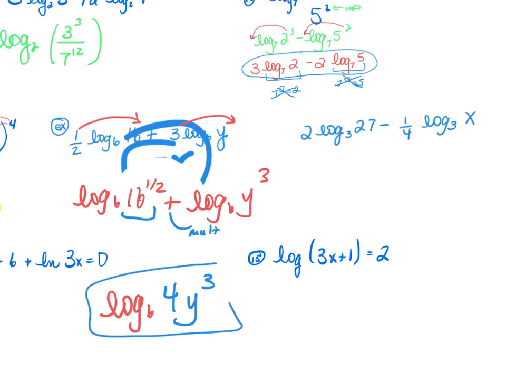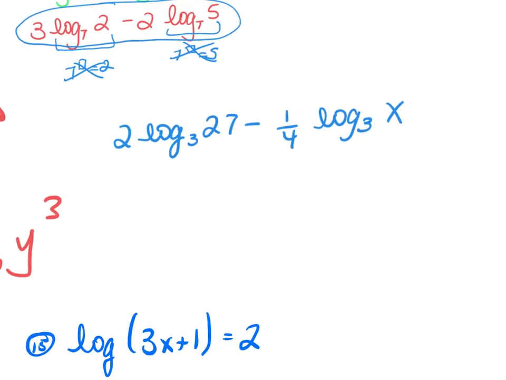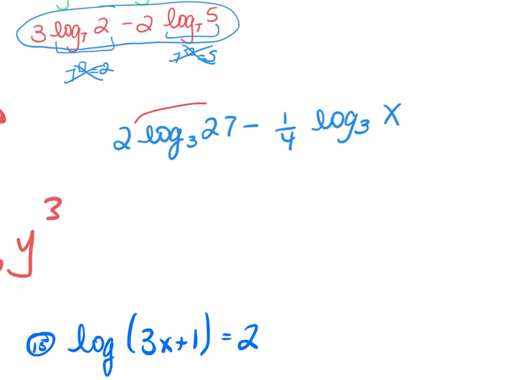You just want to simplify as much as you can. That's why I don't suggest you do everything in one step, so you can see. If I'm going to push this back together, this is going to go here, this is going to go here. So I would rewrite this as log 3, right, of 27 to the 2nd power.